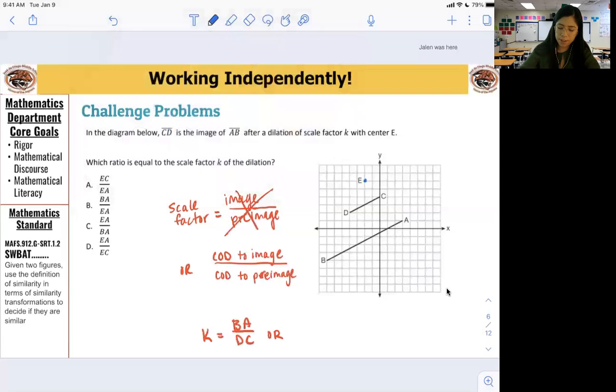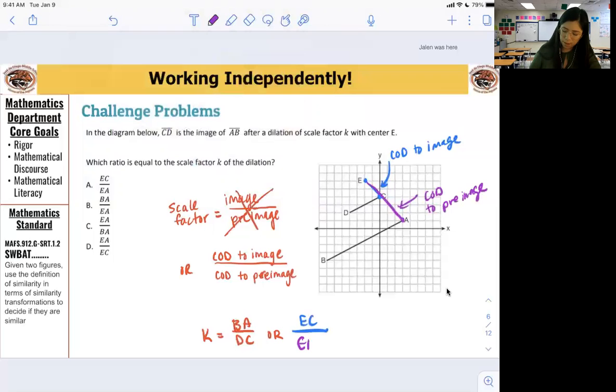Center of dilation is E, so E to A would be center of dilation to the image, right? Because which one's my image? Let's actually clarify that. CD is the image, okay. So E to C, that's the center of dilation to the image. And then E to A would be center of dilation to the pre-image. So EC over EA.